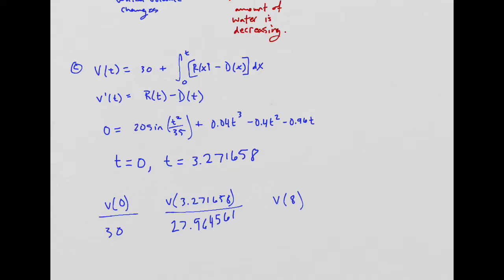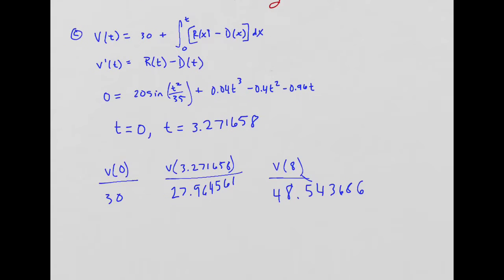I get 27.964561. And then when you plug in 8, you get 48.43686. So it's just increasing the whole time. So the minimum is the minimum y value, and that's there.